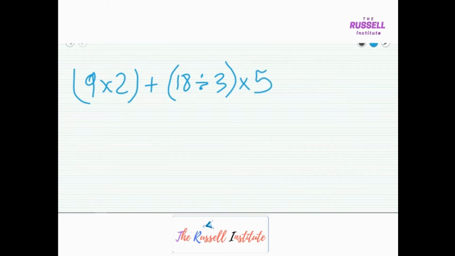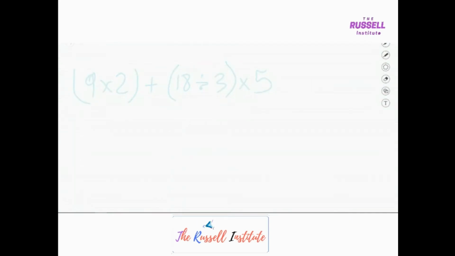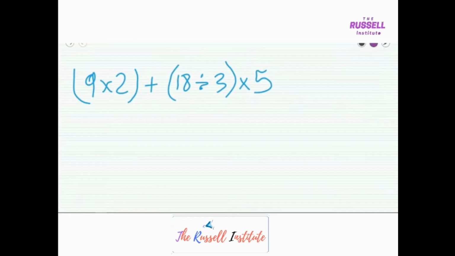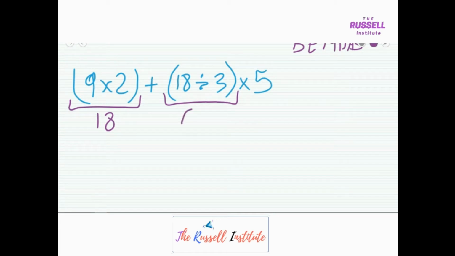All right, so how do we get this thing done? The first thing I need to eliminate is my brackets. Always start with your brackets. My brackets say 9 times 2. My brackets say 18 divided by 3. So 9 times 2 is 18. 18 divided by 3 is 6.